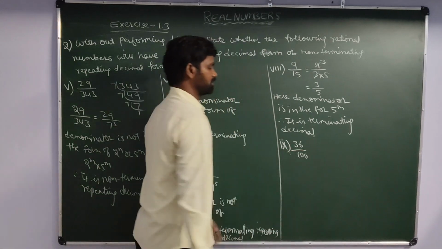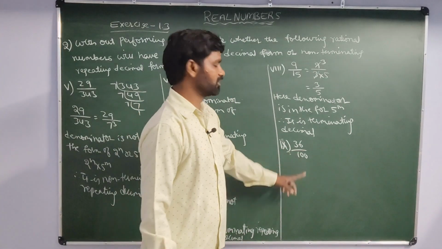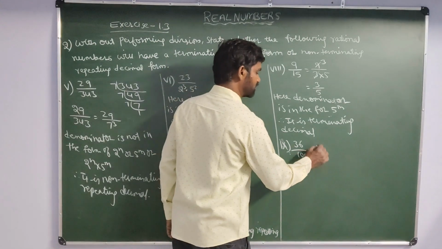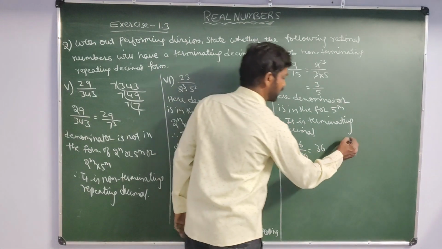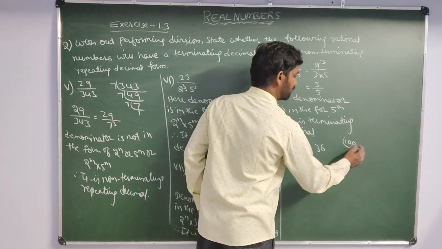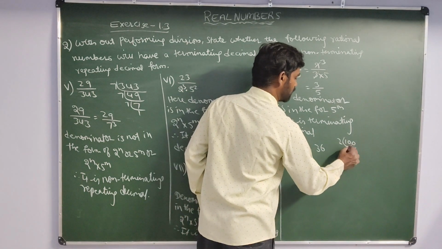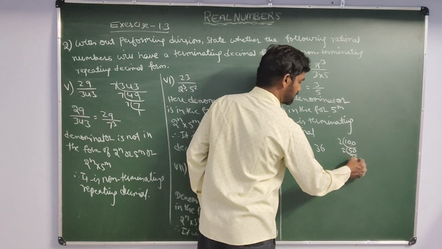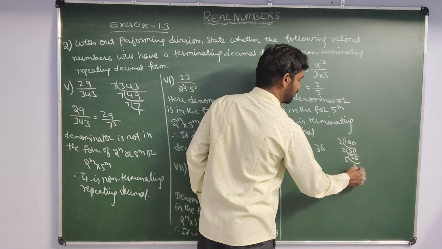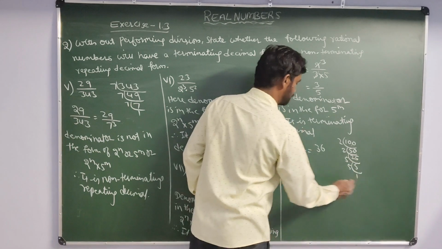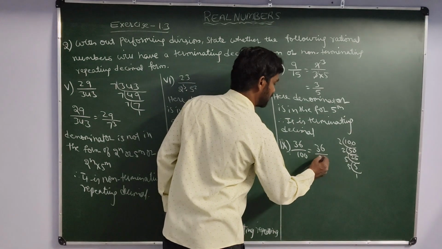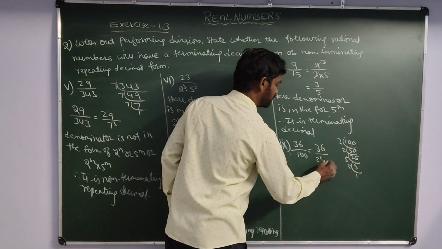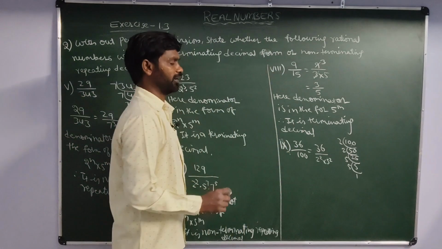Next question, that is ninth question, 36 by 100. We write 36 by 100 as, so take the prime factors of 100. 2 5s are 10, 2 2s are 4, 1 remains. So we write 36 by 100 as 2 square into 5 square. Now observe the denominator.